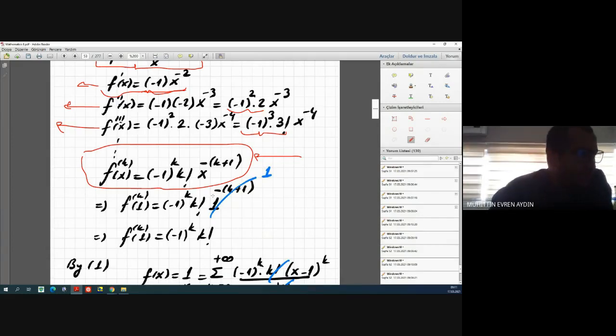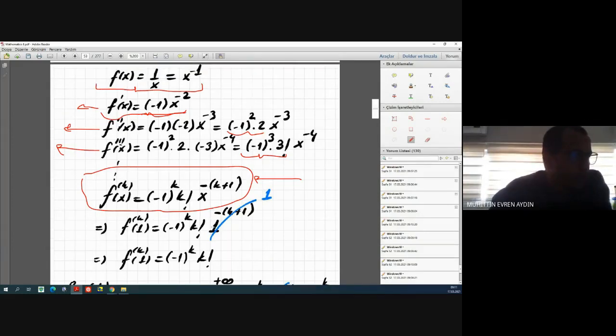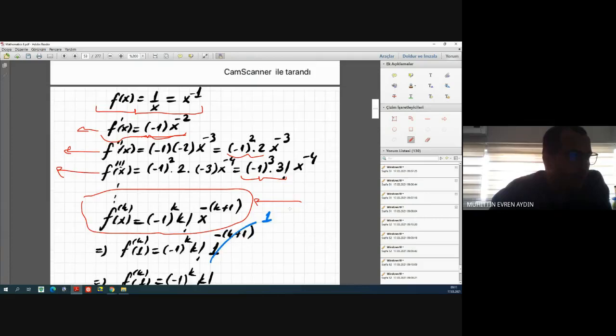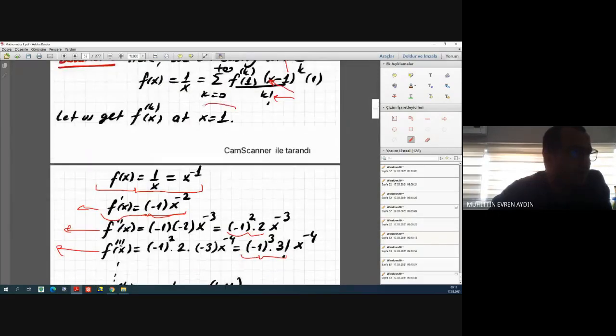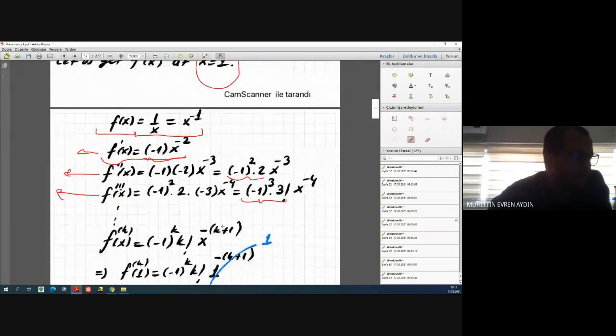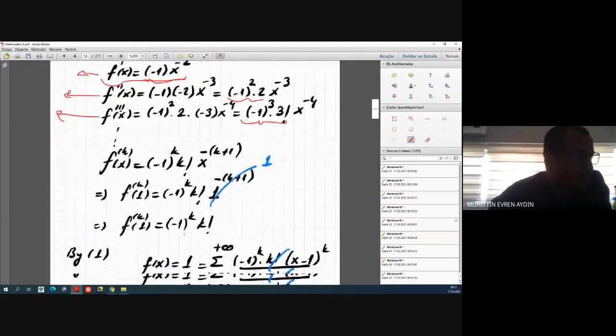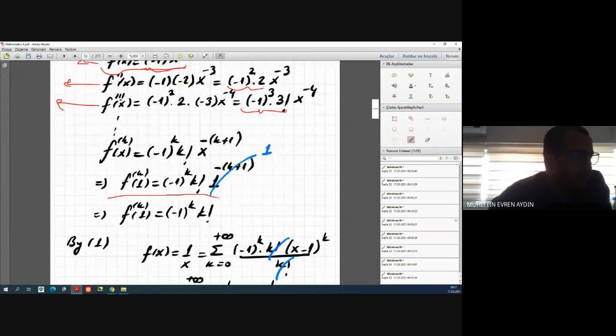So if you put 1 into this equality, we have to put 1 because our point is 1, then we obtain minus 1 power k multiplied by k factorial.